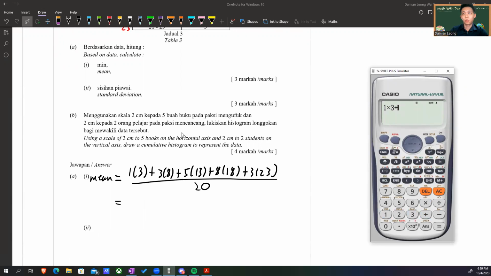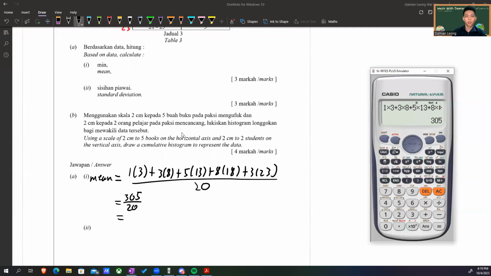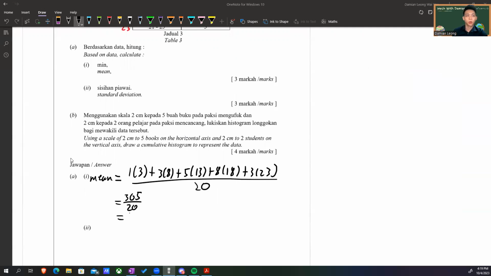That is 305. So 305 divided by 20, 15.25. That's the mean.